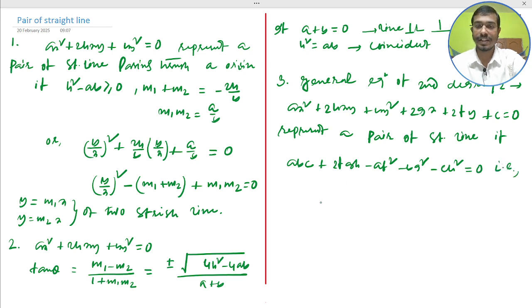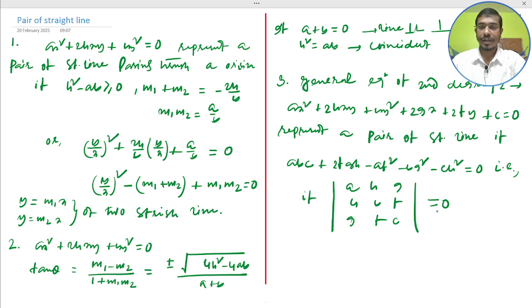That is, if the determinant value of a, h, g, h, b, f, g, f, c should be 0. Expressing the determinant, you would get this equation. So the determinant with first row a, h, g, second row h, b, f, third row g, f, c should be 0.